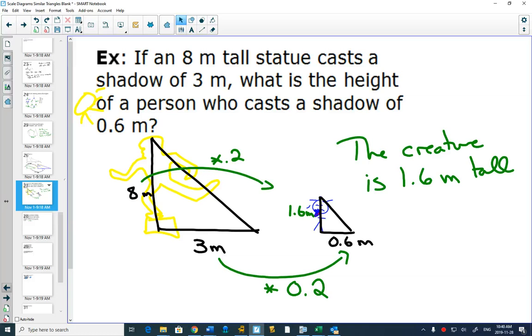Okay? We did the math, and the answer to the question of how tall the creature, because we didn't name them, the actual answer was 1.6 meters. And that's exactly how tall you were. Which is just crazy.